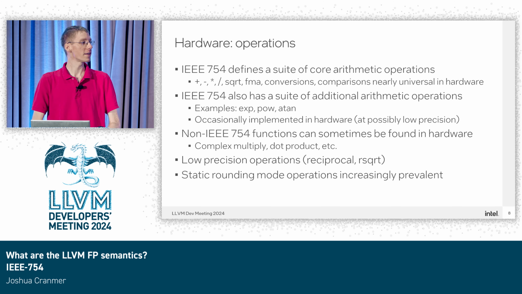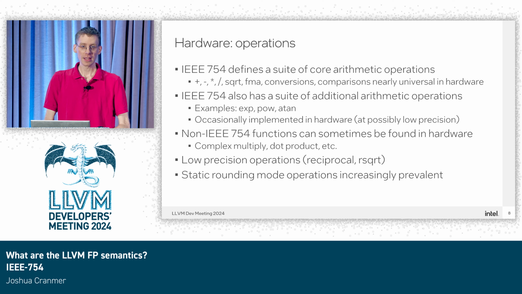And finally, I wanted to go over the basic operations of floating point. Now, IEEE 754 does define a basic set of core arithmetic operations. Your standard four-function arithmetic, comparisons, conversions, and also square root and FMA are considered core operations. And most hardware provides this full set of stuff.